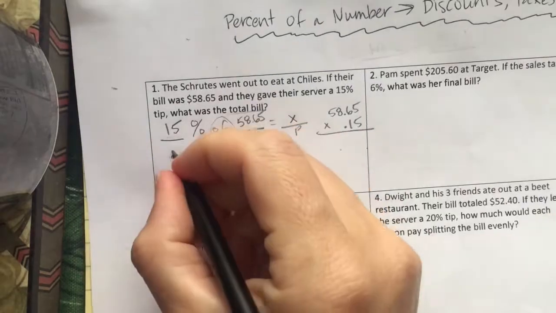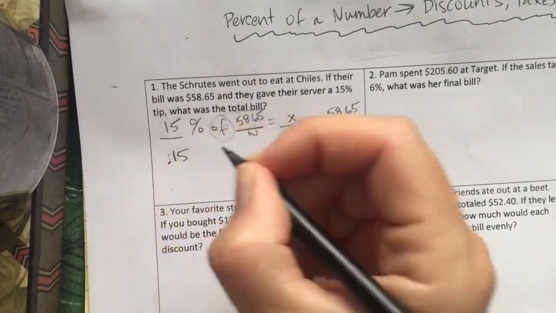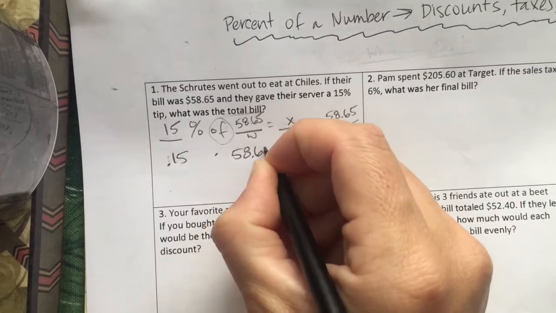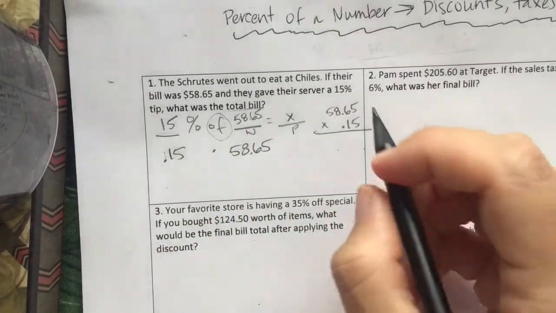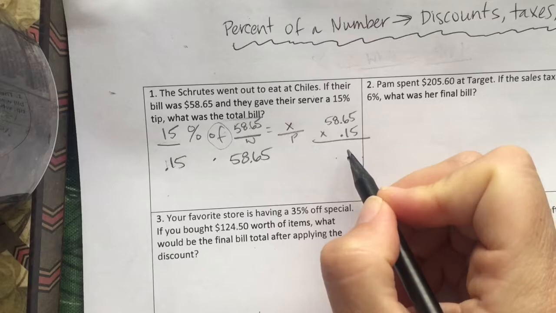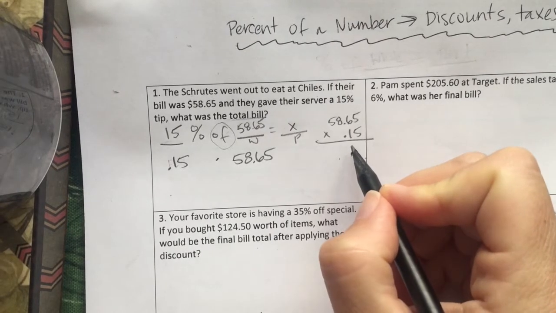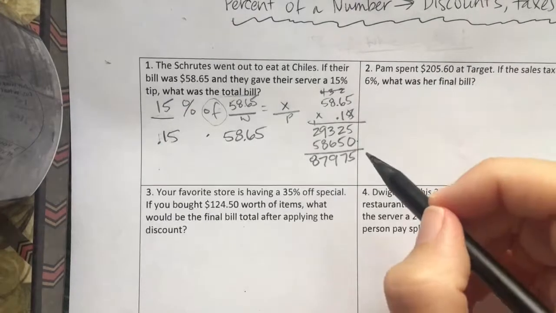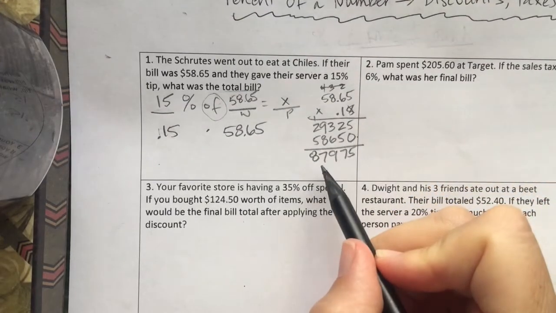So we just changed this to 0.15 times 58.65. So go ahead and do that computation now, and I'll meet up with you at the end. Pause your video.